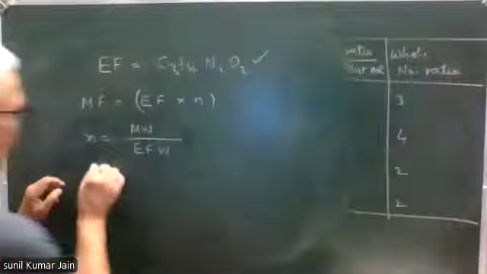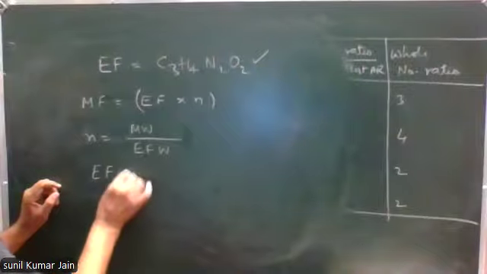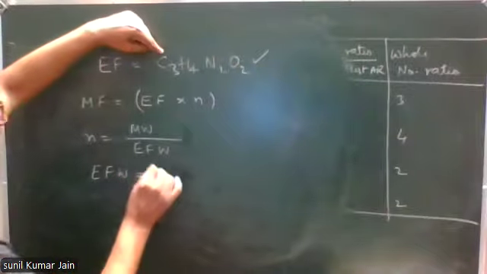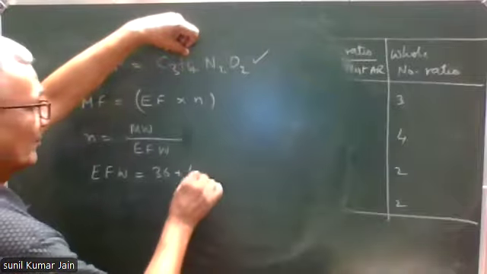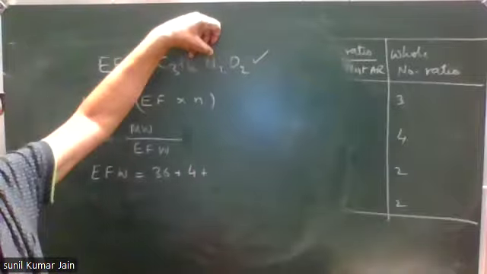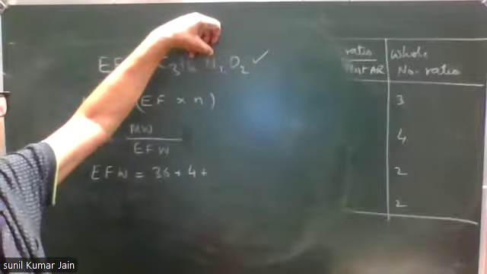So, empirical formula weight will be C3 is 36, H4 is 4, N2 will be 14 into 2, 28, O2 16 into 2, 32. This is 100. So I know the value of denominator.